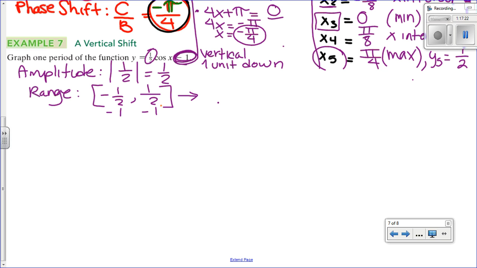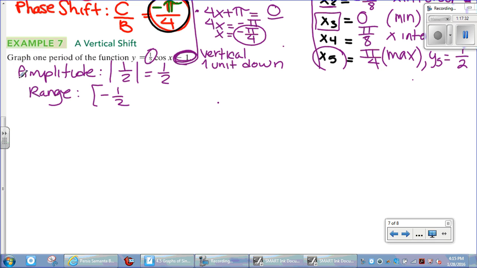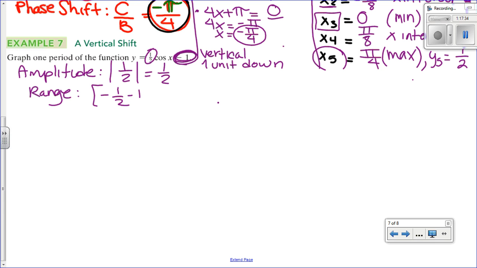And so maybe I should write it this way. So it will be 1/2, -1/2, -1. And the highest y value will be +1/2, -1. So that will turn into -1 is equal to -2/2.